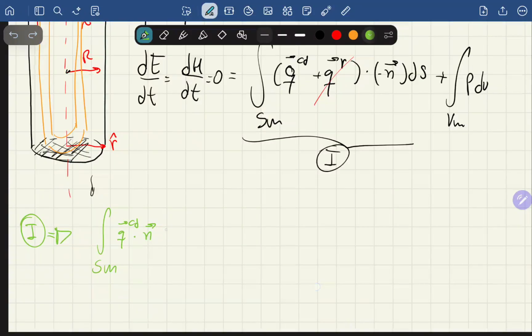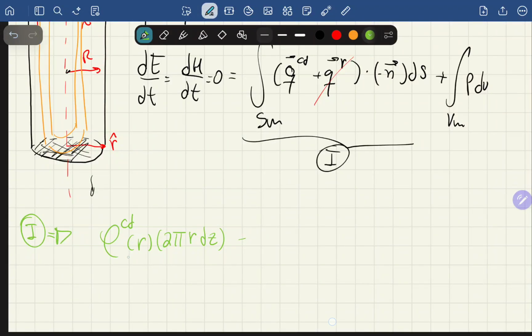is equal to phi CD of R, if Q is a function of R. Therefore, this integral over here would be phi CD of R times the surface, which is 2 pi R dz, right?